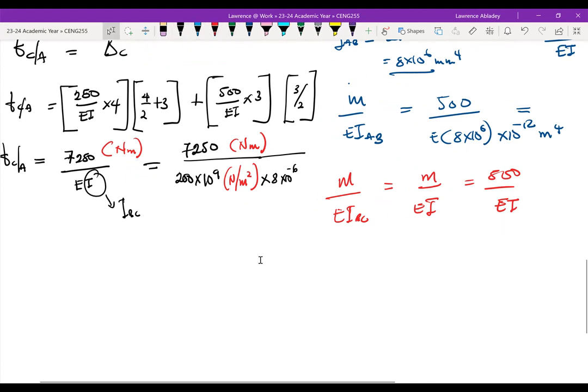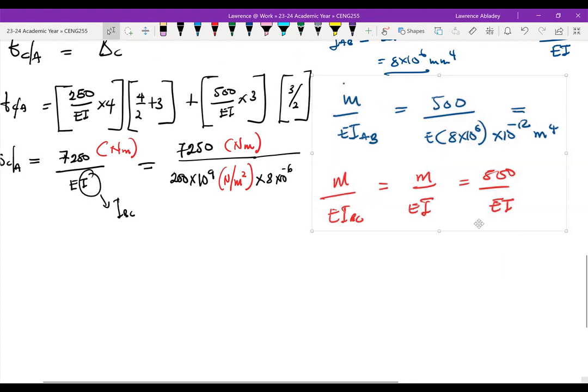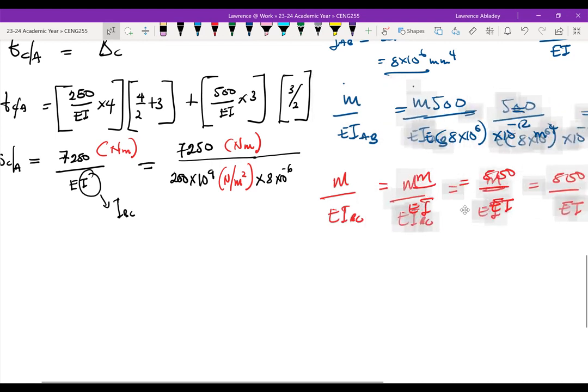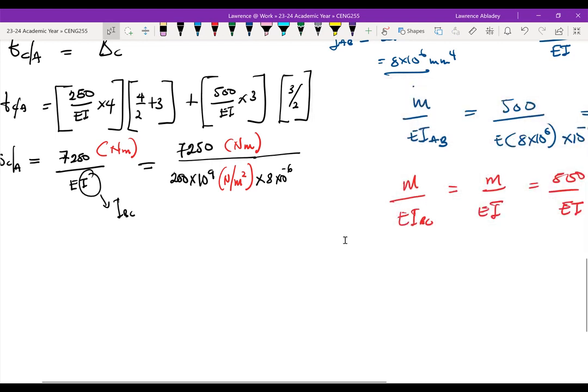Let me move this a little bit to the right so that I can have enough space. Okay, great. So let me just rewrite it: 8 times 10 exponent minus 6, and the unit will be in meter 4.